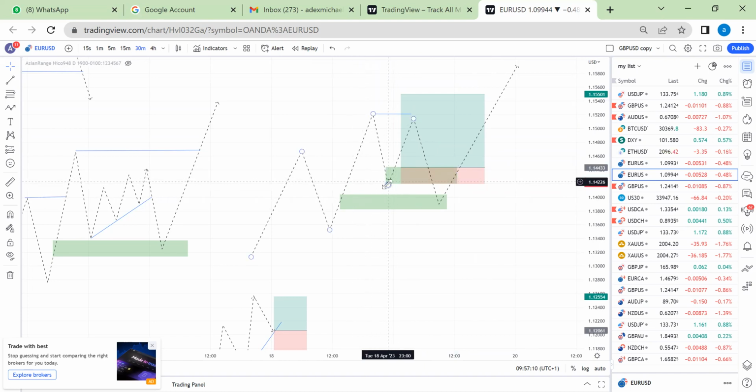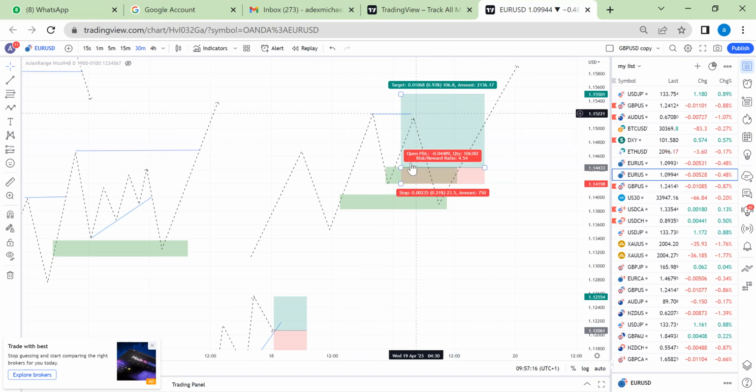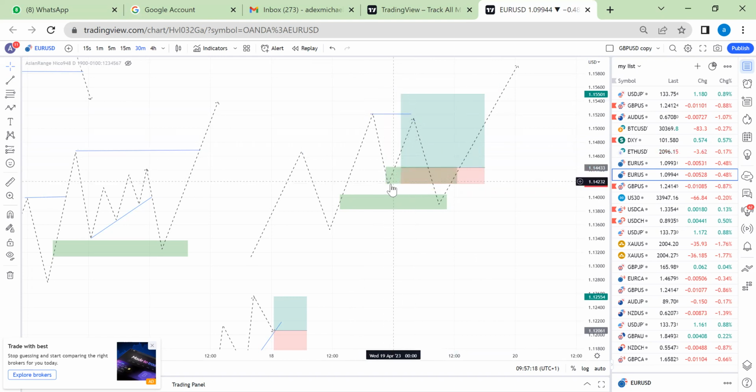It did not sweep any liquidity. It just reversed like that and was going up. So this low can now be used as a liquidity pool because some people have their stop losses below it. That's a little bit complicated, but with time you get it. So that's another form of liquidity right here.